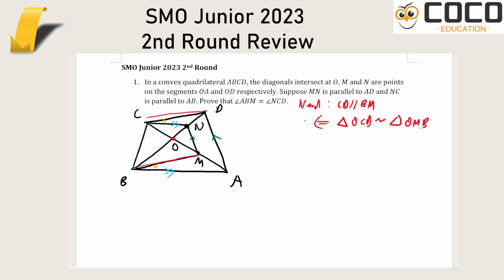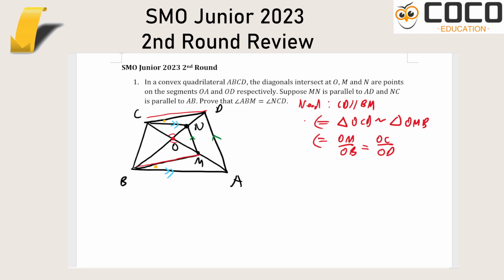That would be enough. Now, how do I show those are similar? Since there is already one pair of vertically opposite angles, it means that by SAS, I could show something like OM over OB is equal to OC over OD. Right? That would do the trick.